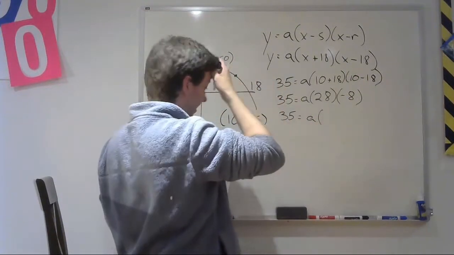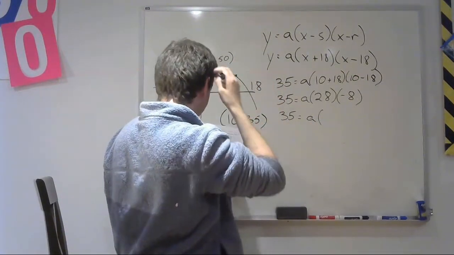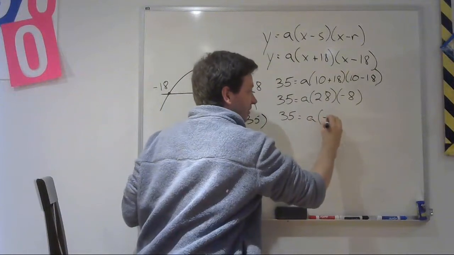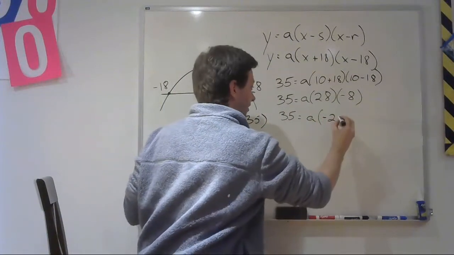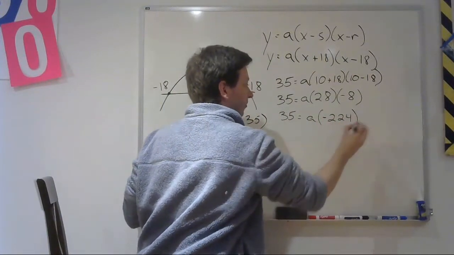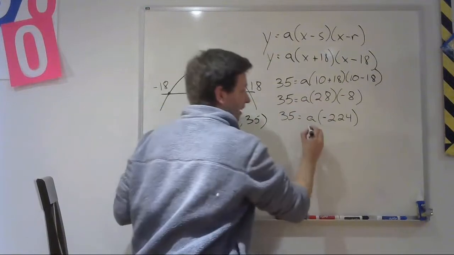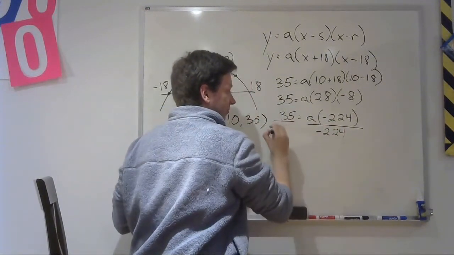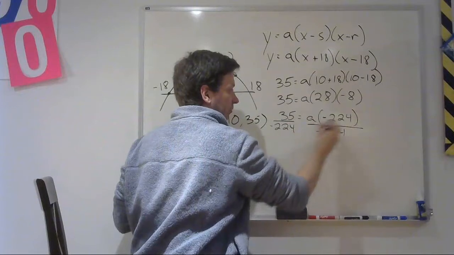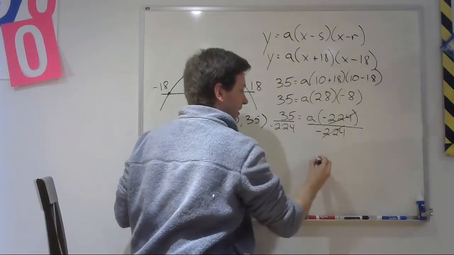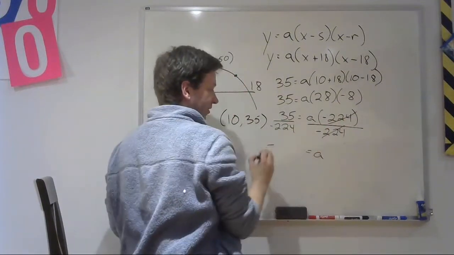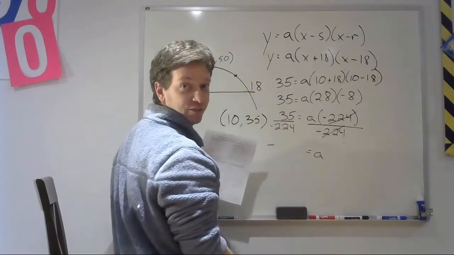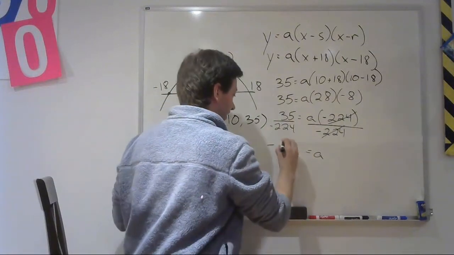Now I need to get out my calculator. 28 times -8 is negative 224. Okay. Divide both sides by that minus 224. And you get a equal to negative 35 over 224, which does reduce into -5 over 32.